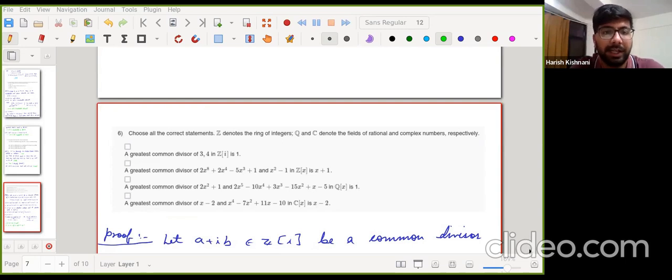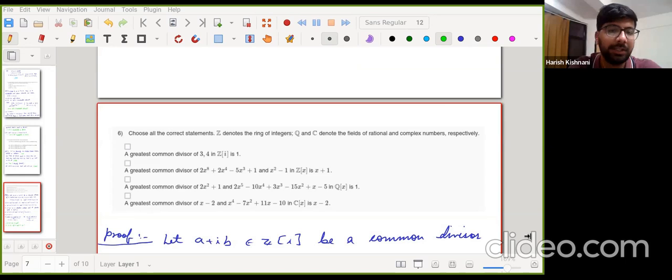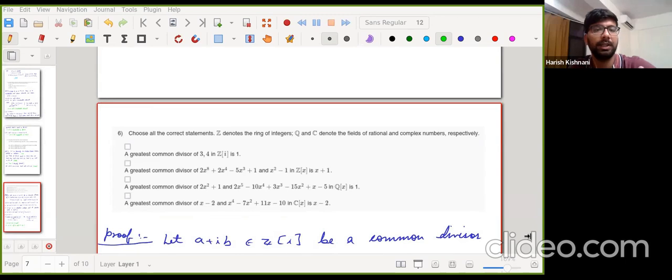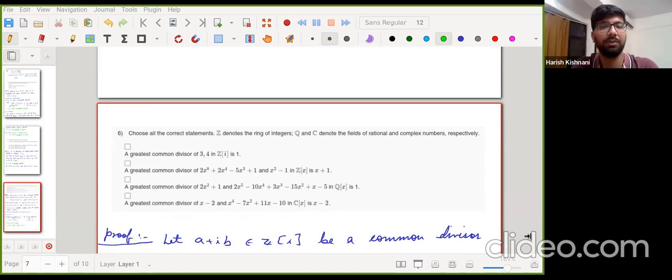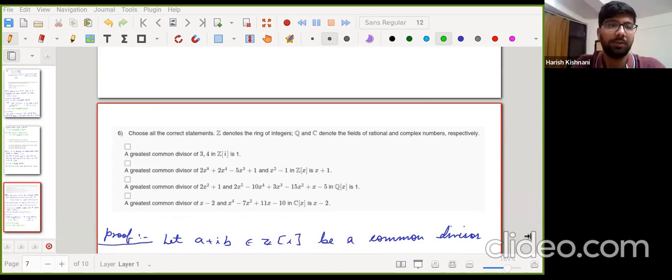So J contains the ideal generated by x1, x2, x3, and so on, and that ideal is itself a maximal ideal. If an ideal contains another maximal ideal, then it has to be the same ideal, right? So there is only one possibility for J, that is the ideal generated by x1, x2, and so on. So only one maximal ideal is there.